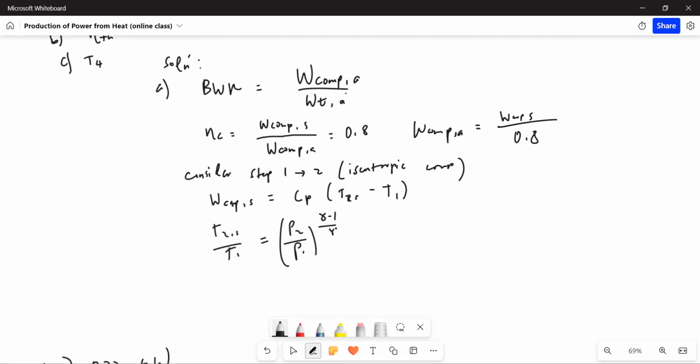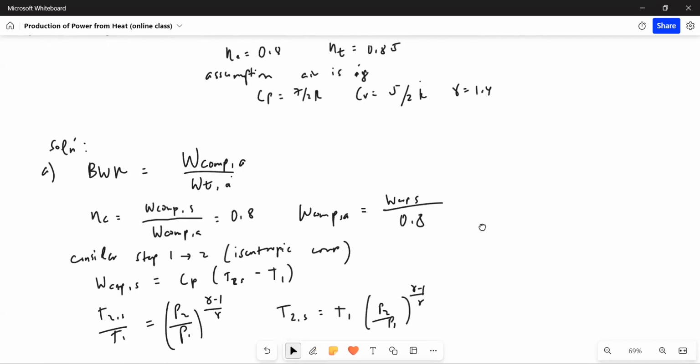We learned these equations in ChE 1 for 2. Isolating T2S gives us T1 times the pressure ratio term. Do we know these values?